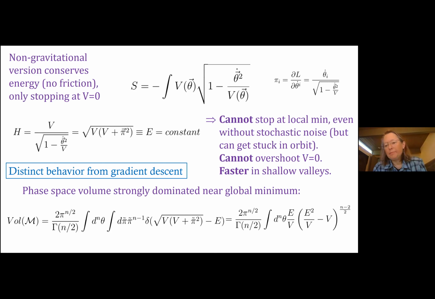So pi is related to theta dot by a factor of E over V. In this formula, pi is getting very large, but theta dot is getting very, very small. It's much like, from a Schwarzschild observer's point of view, dropping toward the horizon.